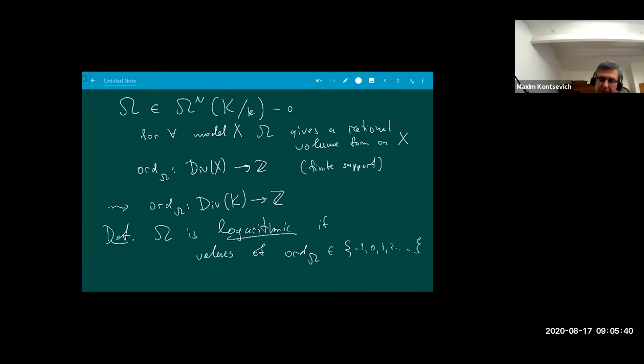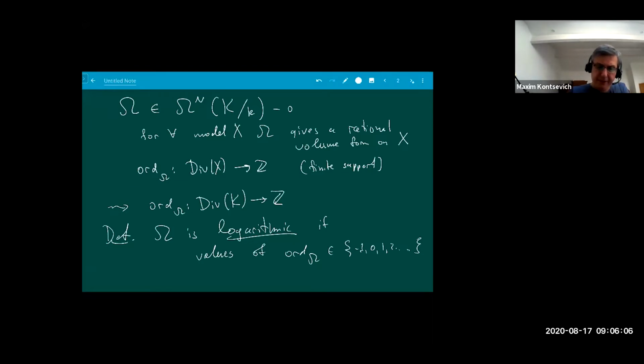So it can have only poles of first order, no higher order. We can speak about the function on the smaller space, divisors of X, or the larger space, divisors of K, and the function is the same for all. This property does not depend on the model: if it's logarithmic in one model, and you make a blow-up, it will still be logarithmic.